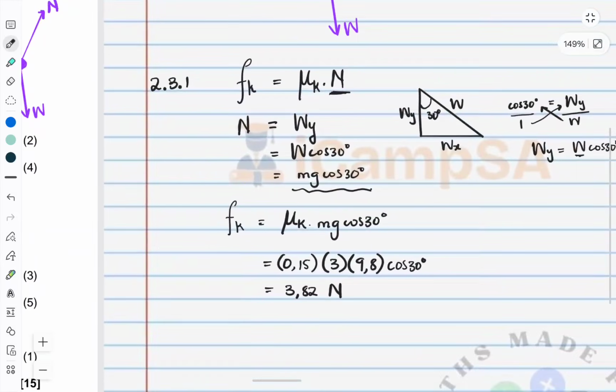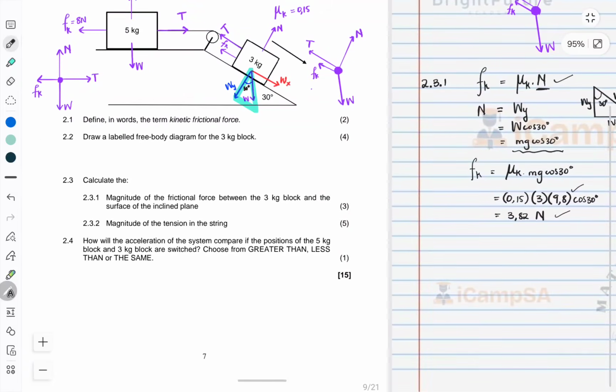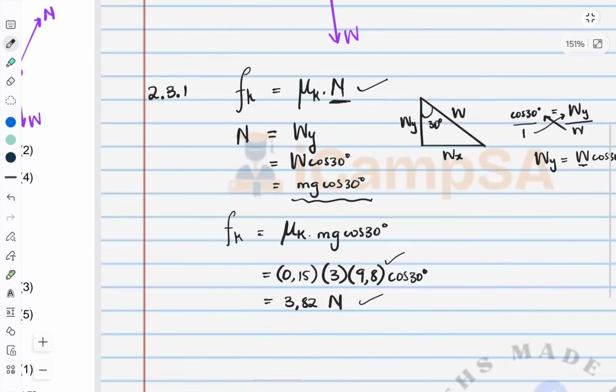So what you would have gotten was a mark for this formula, a mark for this, no, there should be a mark for substitution I think, and then a mark for your final answer with units, right? But if you do everything here, I just broke it down step by step, but you don't have to include all of these steps. You could have started there and your following step was going to be this one, substitution, and then your final answer.